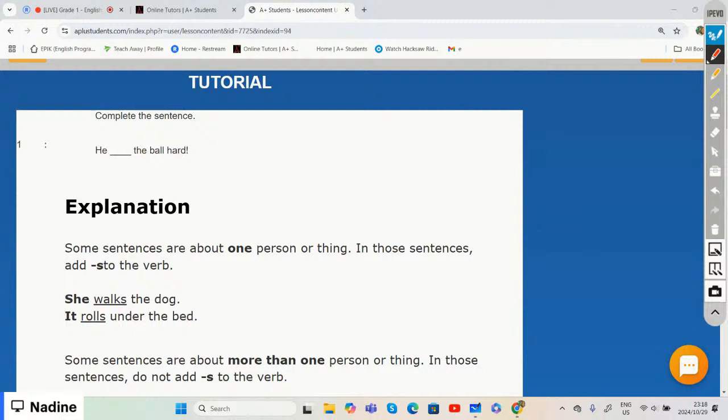It says, he the ball hard. Do we say he kicked the ball hard, or do we say he kicks the ball hard? Which one is correct?